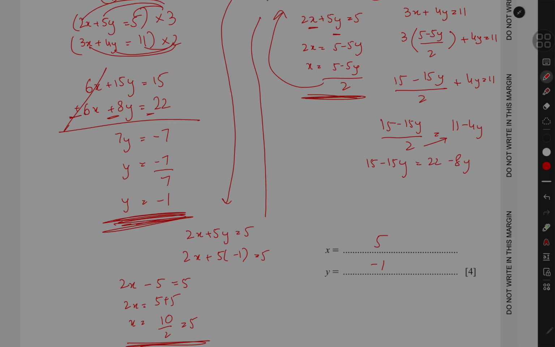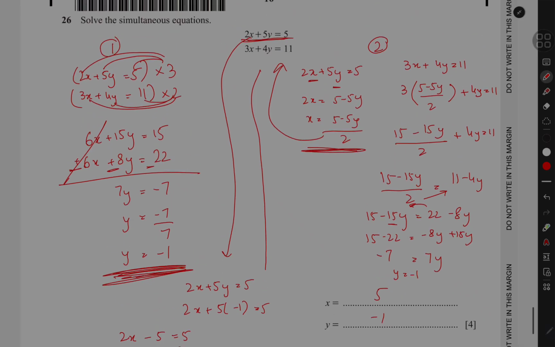I can just shuffle everything in its place. So 15 minus 22 comes here, and 15y goes to the other side, minus 8y plus 15y. So 15y minus 8y, that is 7y, and here I get negative 7, so y is equal to negative 1.